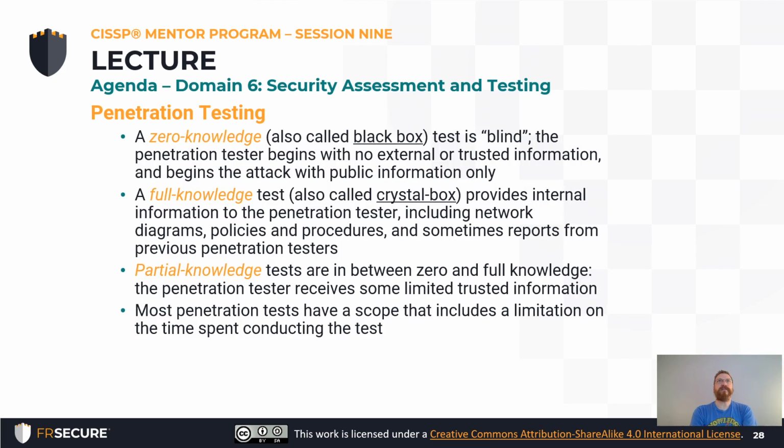Within penetration testing, we have three different types. Black box, or zero knowledge, is blind. We want you to pen test FRSecure's external resources, and that's not authorization to do it for this class. This is an example, but that's all I'm going to tell you.